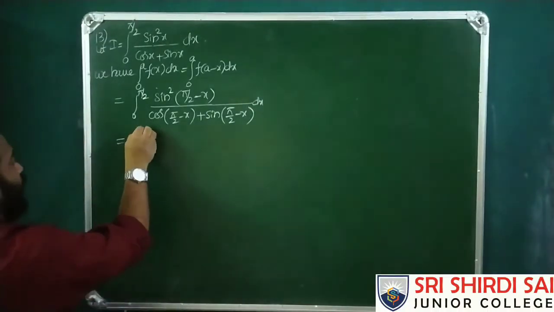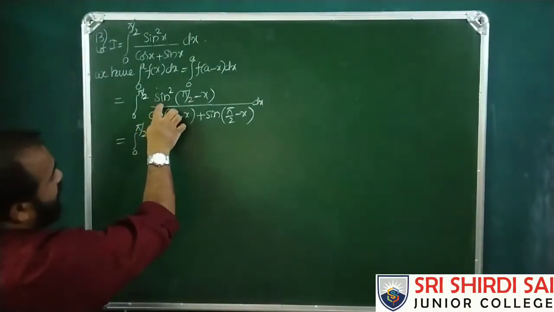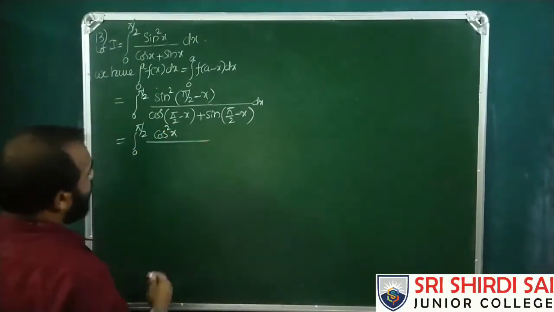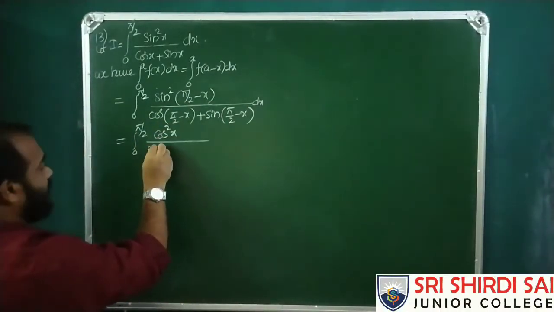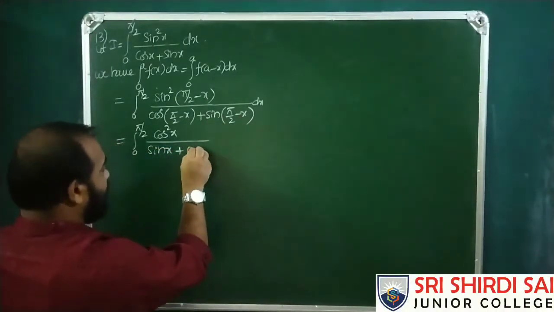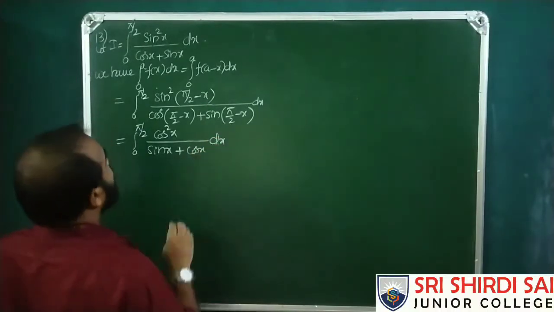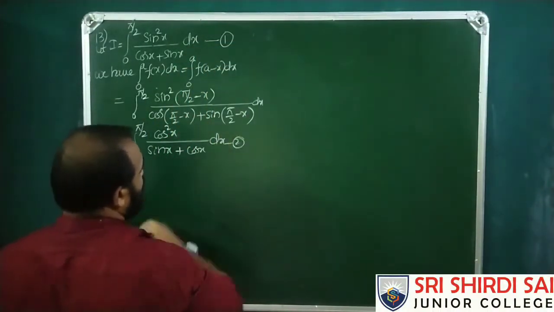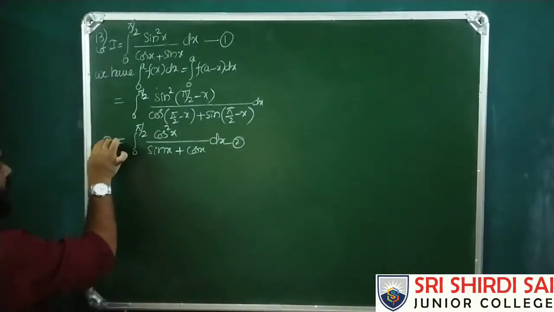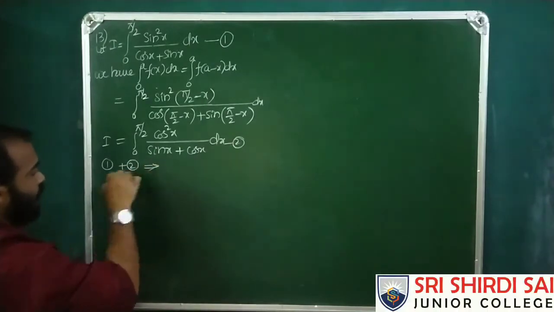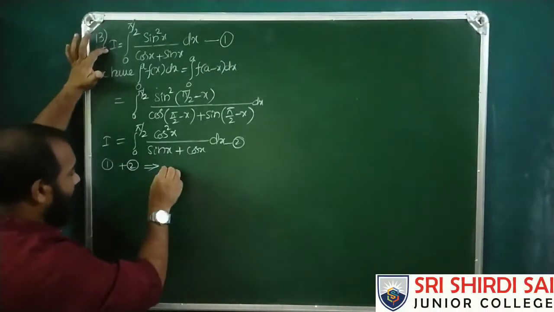Integral 0 to pi by 2, sin 90 minus x is cos x, so cos square x by cos 90 minus x is sin x, plus sin 90 minus x is cos x, dx. So the given is 1 and this is 2. This is also I. So 1 plus 2 gives I plus I, 2I.